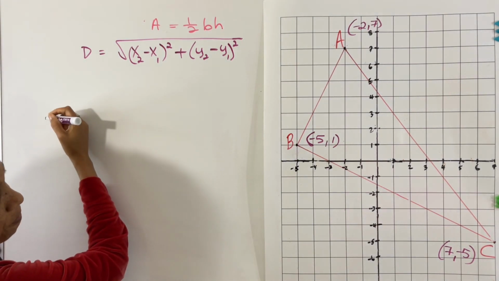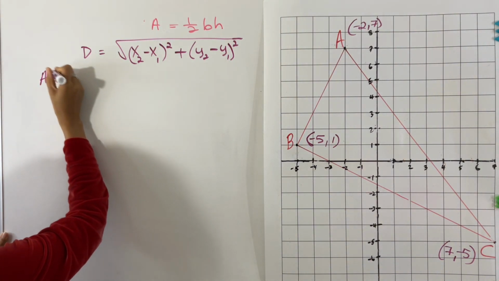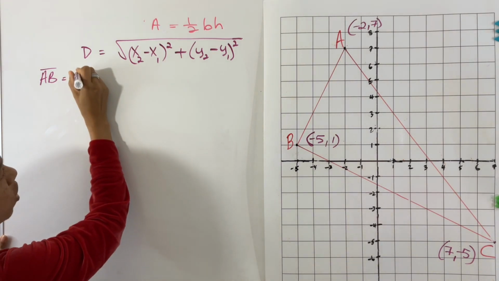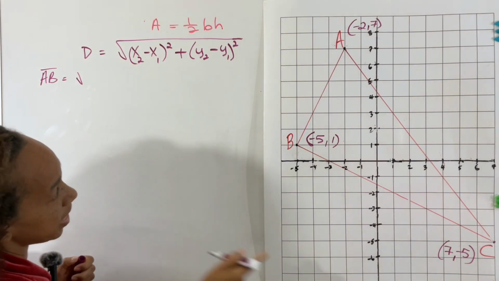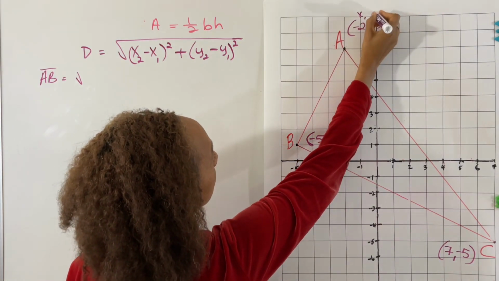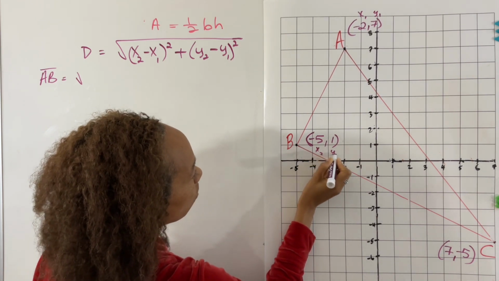So if we find the length of AB using the distance formula, then we will use the coordinates. And we have the coordinates here. So for AB, we could say that this is x1, this is y1, this is x2, this is y2.